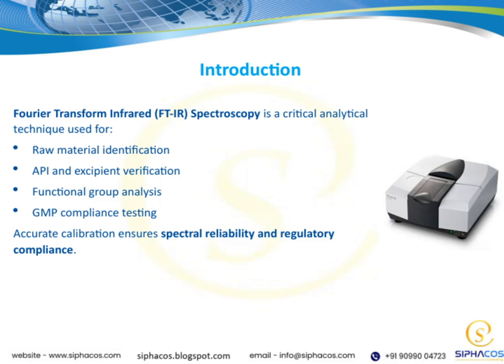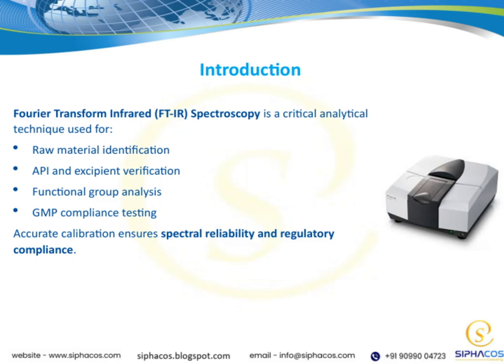It also helps verify the identity of active pharmaceutical ingredients, or APIs, and excipients, ensuring everything matches our specifications. Additionally, FTIR is invaluable for functional group analysis, which means we can determine the specific chemical groups present in a sample, crucial for understanding molecular structure.